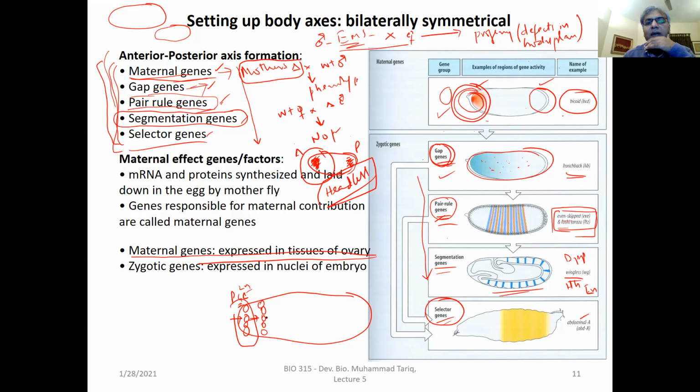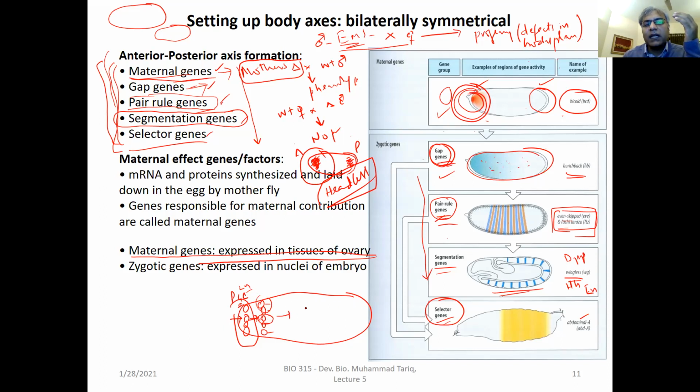And then out of four products of meiosis, one gets selected as the oocyte. The others develop as nurse cells, polyploids. They express messenger RNAs. Their job is to nurse, to feed messenger RNAs into the oocyte.